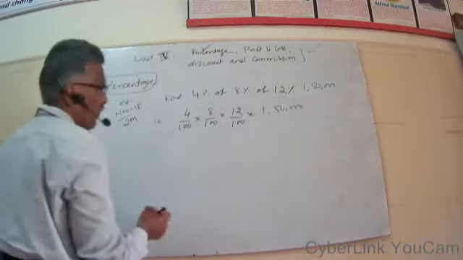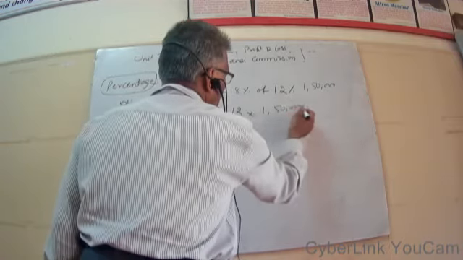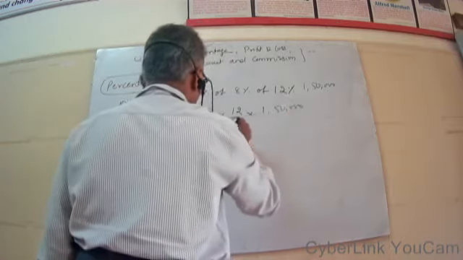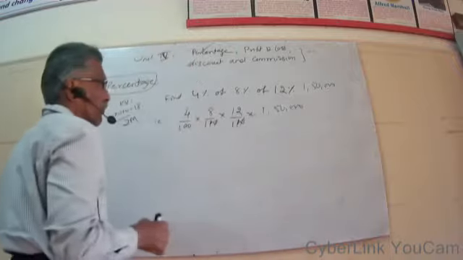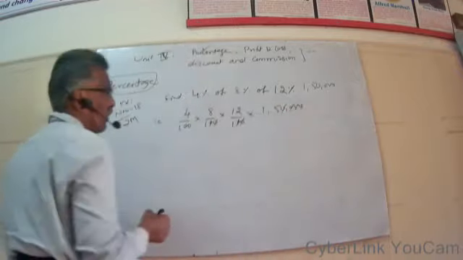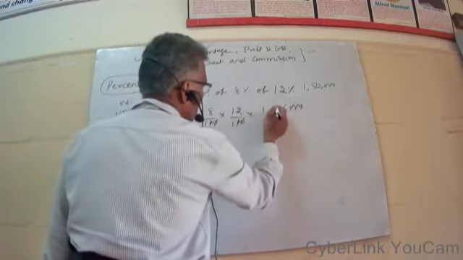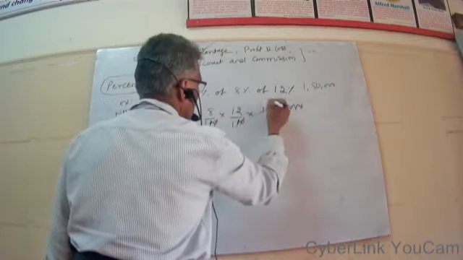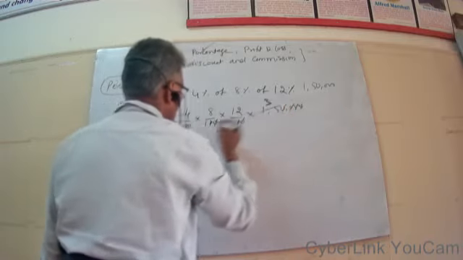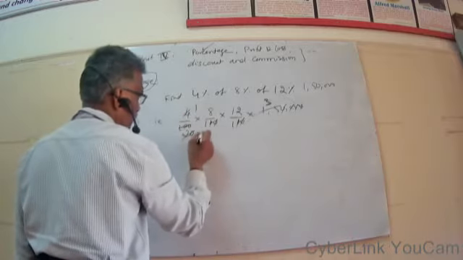So this gives you, 1 2 3, 1 2 3 4, 1 2 3 4. Now it is simplification only. 5 threes here, 5 into 20 here, 4 into 1 here, 4 into 5 here.